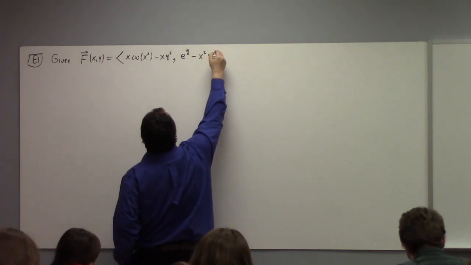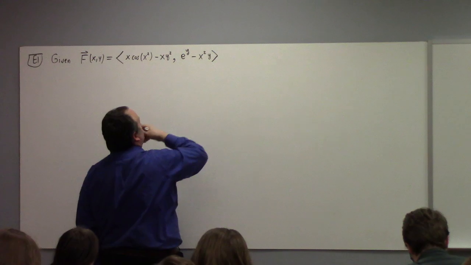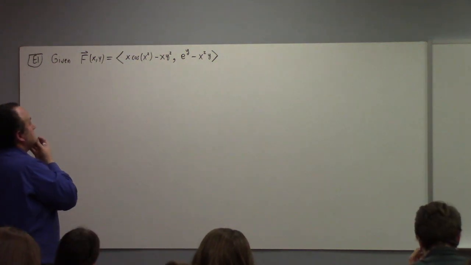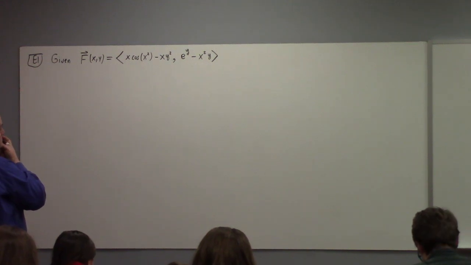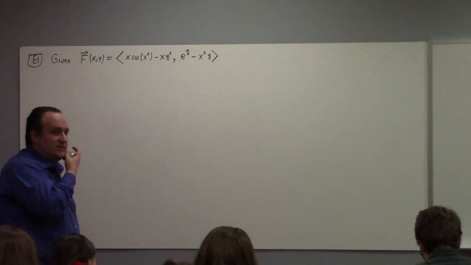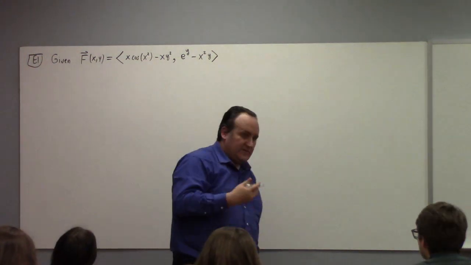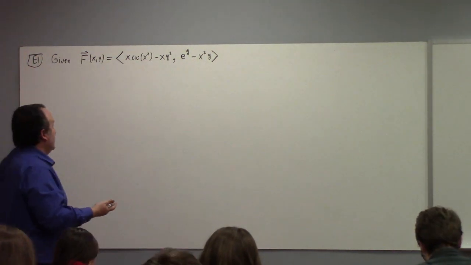I think this will do it for us. All right, so I believe this is a conservative force field. So let's try to find the potential energy function for it, all right?